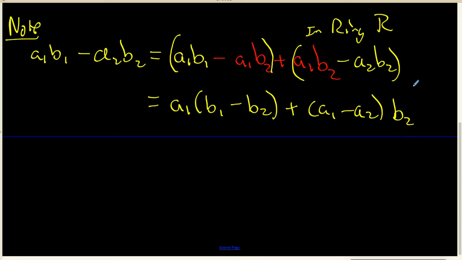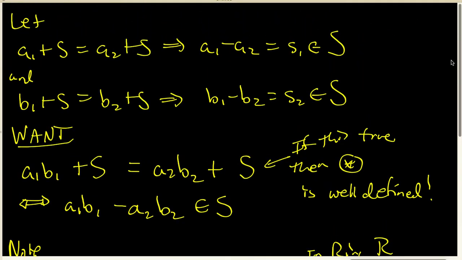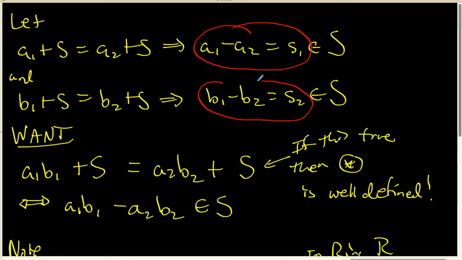This step is by the distributive laws inside ring R. And what I want to notice is we have now things that we recognize. A1 minus A2 is just S1, and B1 minus B2 is S2.